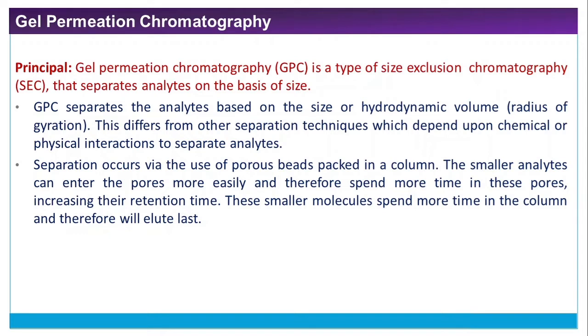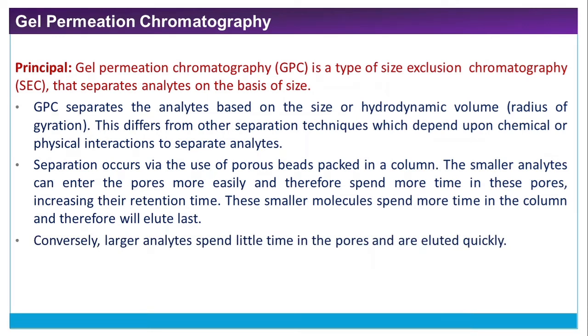So they come first from the gel permeation chromatography column. Smaller molecules spend more time while bigger molecules spend less time, because bigger molecules can't enter into the pores of the porous beds which are packed into the column.